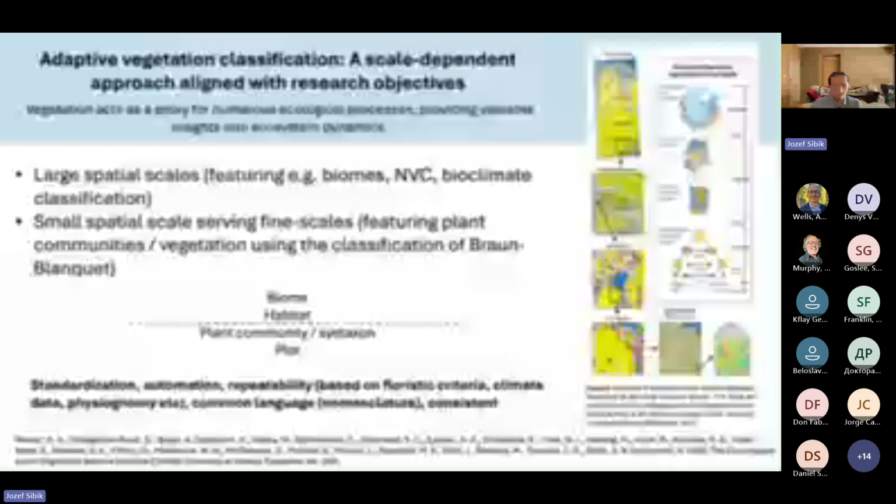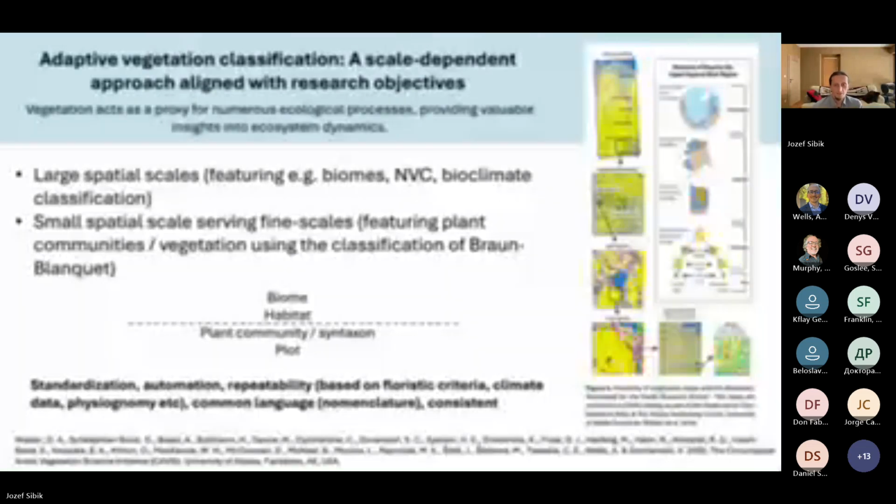When we collect plots, we classify these plots into some meaningful communities or syntaxa, and then we can go to higher levels that can be used, for example, when mapping vegetation through remote sensing techniques or for various purposes. The Braun-Blanquet approach is good when we are looking at small scale gradients, how they are changing, how they are affecting changes in plant communities.